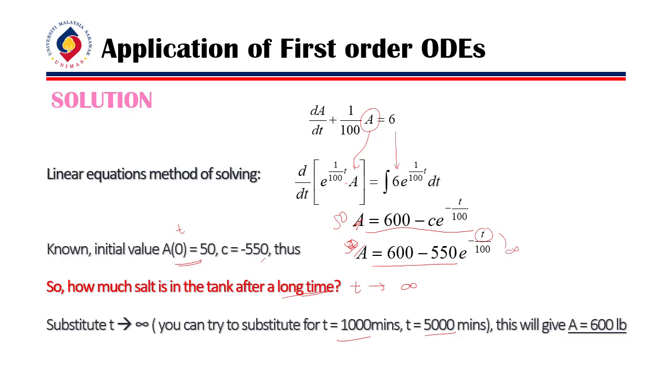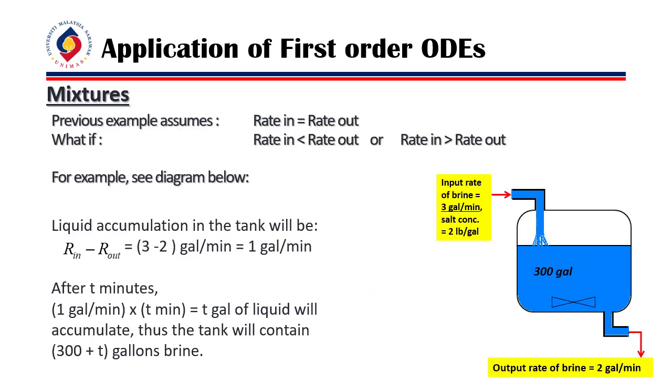Because we consider a very long time, t is equal to thousands or 5000 minutes or any value that you want to solve, that will take a very long time, right? Okay, we go to the next.